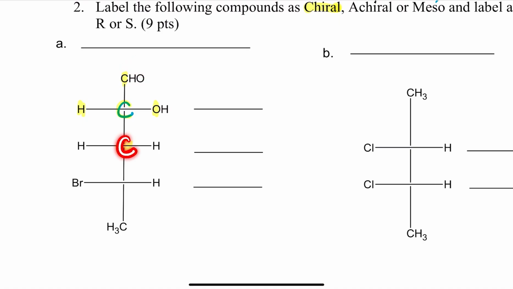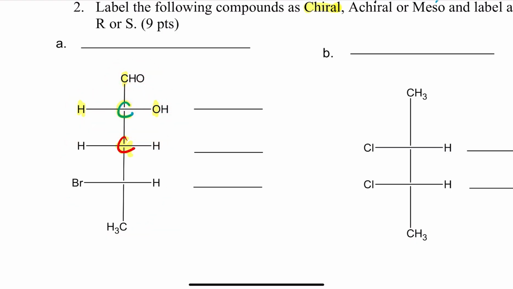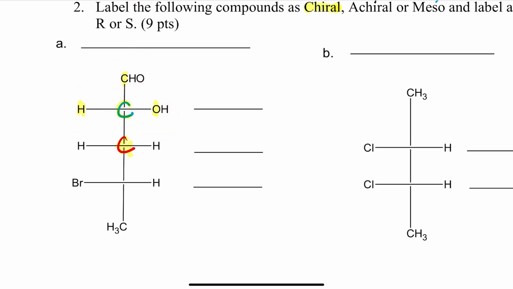This carbon is connected to 2 hydrogens and another carbon. So that's different. So it is chiral. These are actually 4 different things, because it's connected to one thing, but those things are connected to different things.